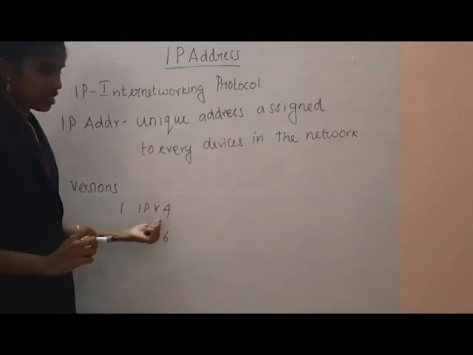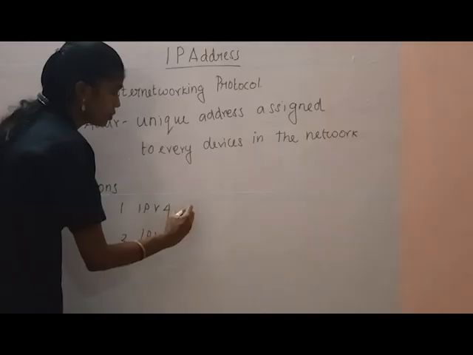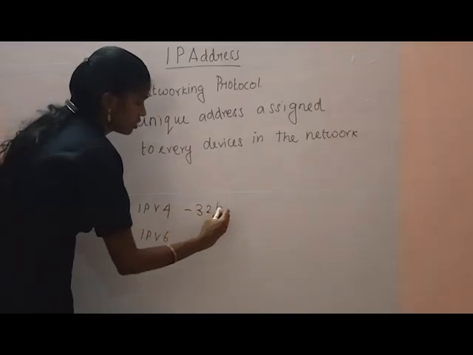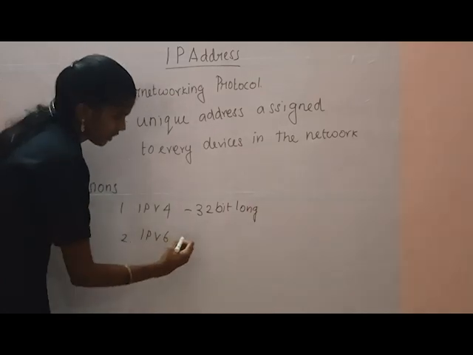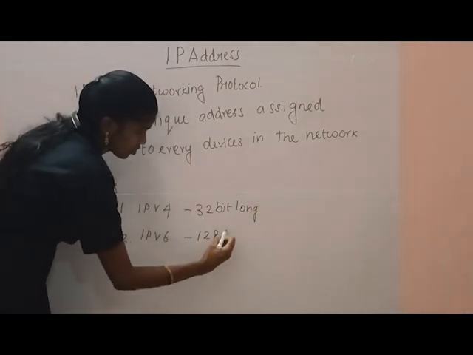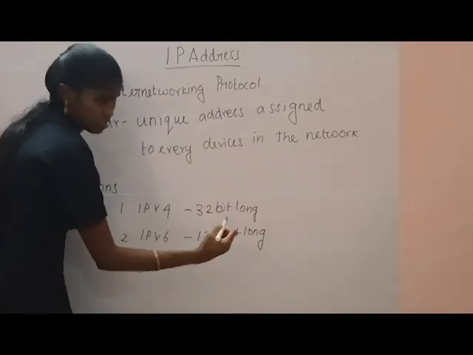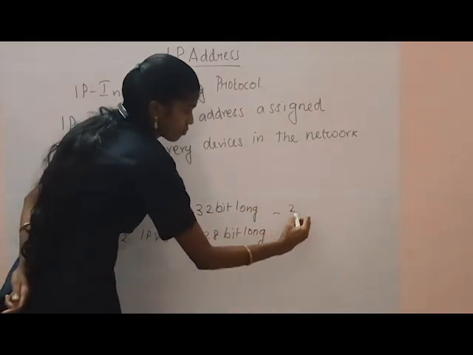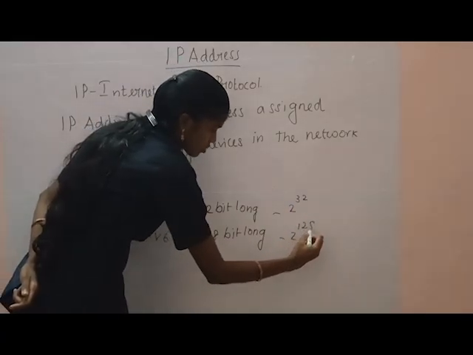V4 is the oldest one, V6 is the new one. In V4 we have a 32 bits long address, and here we have a 128 bits long address. Then the address space of this is 2 power 32. This is 2 power 128.